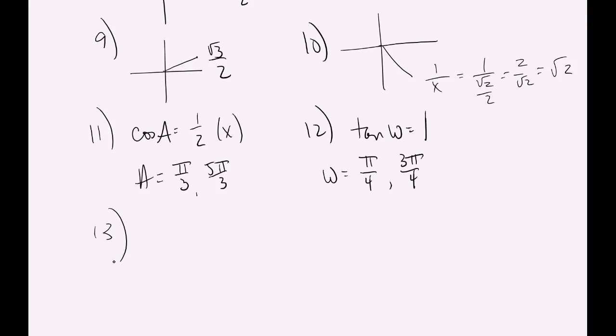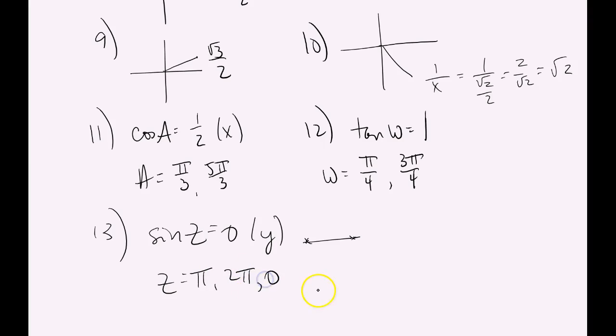Number 13, the sine of something is 0. Well, what is that something that has a y-coordinate of 0? The y-coordinate of zeros are on the ends over here, so that would be pi or 2 pi or 0. I don't know what you called it. Any of those would suffice. Number 14, the cosine of W is negative root 2 over 2.